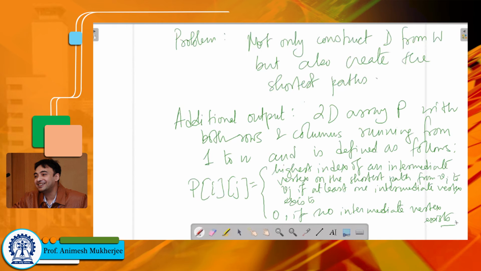If there is no such intermediate vertex between a pair of vertices, then you put this as zero. Otherwise, among all the intermediate vertices that appear on the shortest path between Vi to Vj, you put the one that has the highest index.